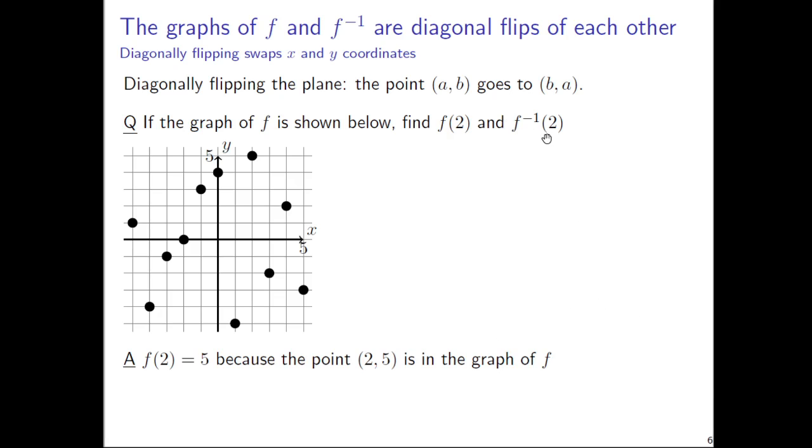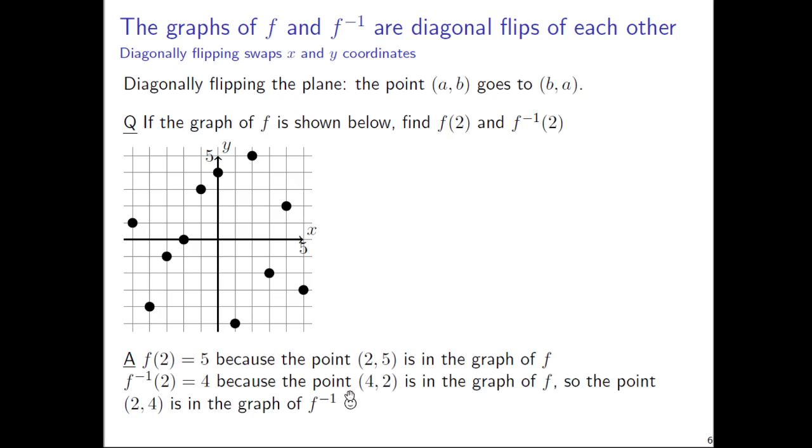What about f inverse of 2? Now we need to look for where the y coordinate is equal to 2. So f inverse of 2 is equal to 4 because of this point right here. To break this down, we're looking for a point where the y coordinate is now 2. We're going to explain this in different ways with different problems in a moment.